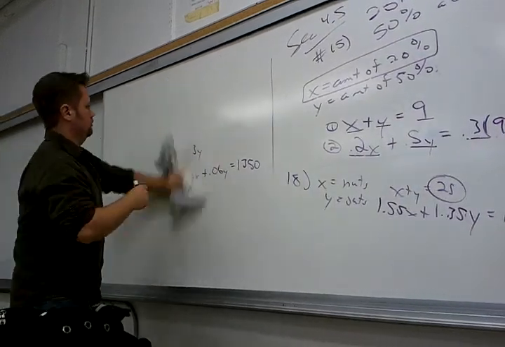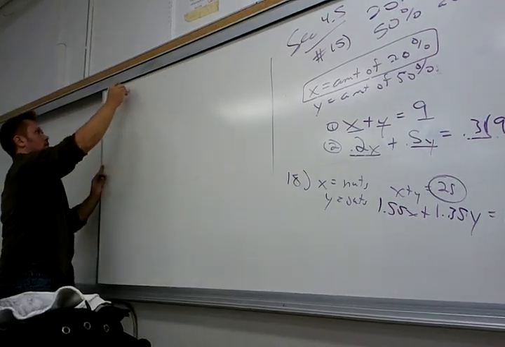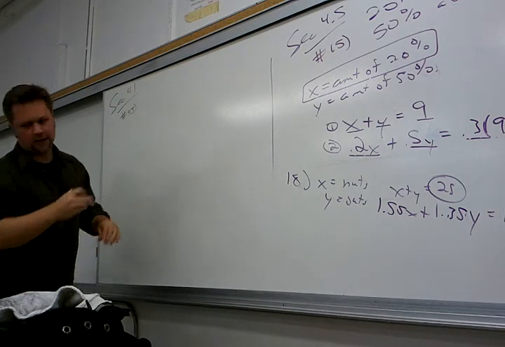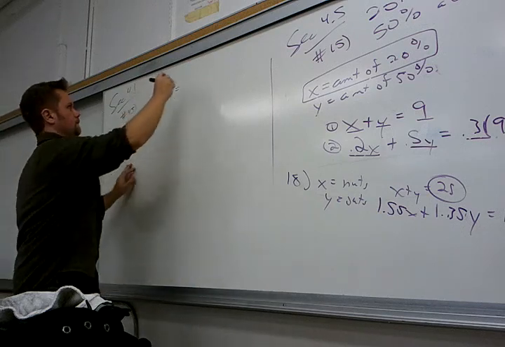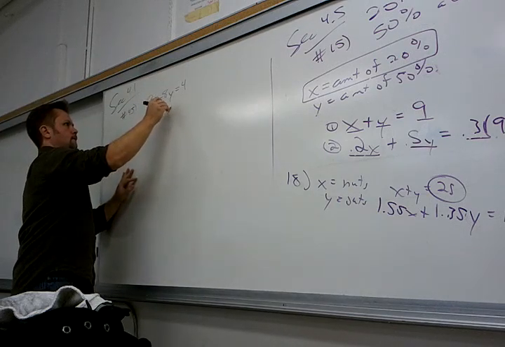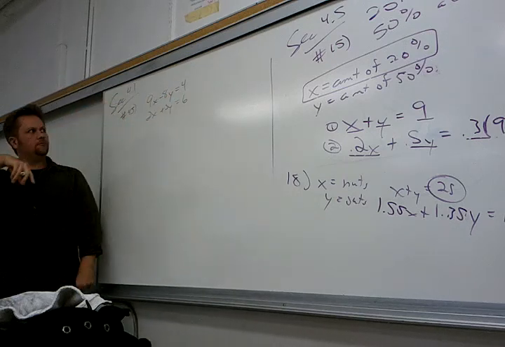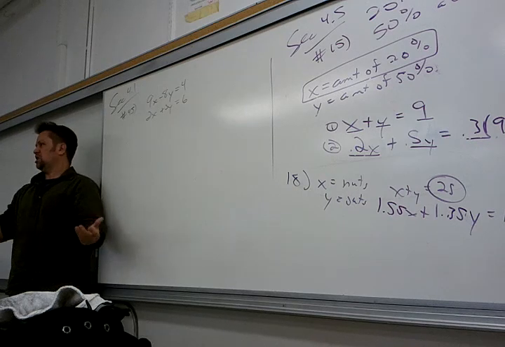Section 4.1, hideous fractions, number 45. Stay with me now. That's a suggestion. What might be a good variable to eliminate here? X. Why? Elimination, I love it.